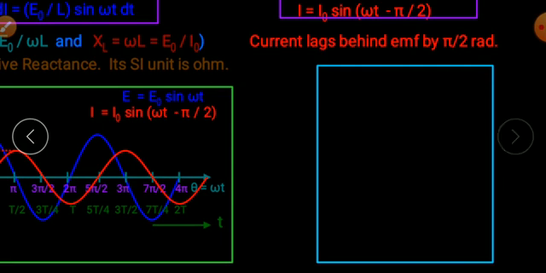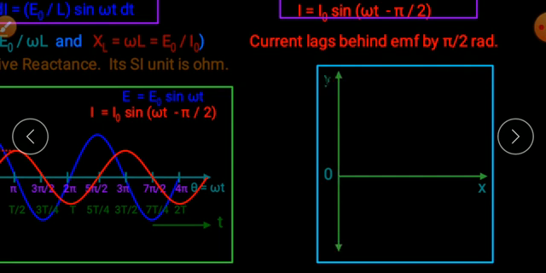The phasor representing peak EMF E naught makes angle omega t in anti-clockwise direction with respect to a horizontal reference axis. As current lags behind the EMF by 90 degrees, the phasor representing I naught is turned 90 degrees clockwise with respect to the phasor representing E naught.